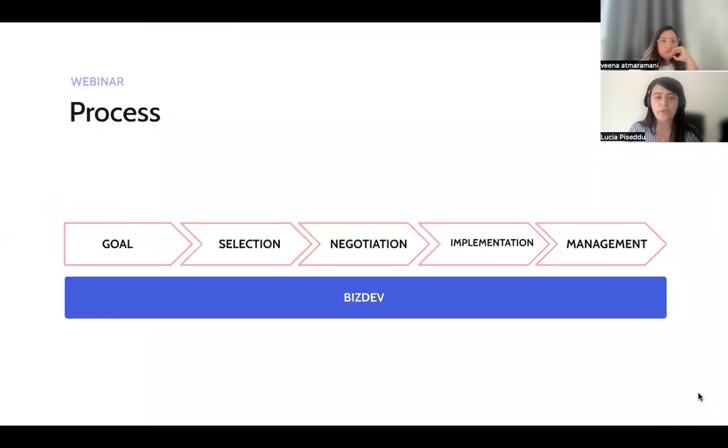But of course, without taking away from the strategic partnership BD people, strategic partnerships are indeed a very important part of BD. And typically, business developers are in charge of the entire process, meaning setting the goal for this partnership, selecting the right partner, negotiating the terms, implementing the contract, and then managing the contract or the agreement with your partner.